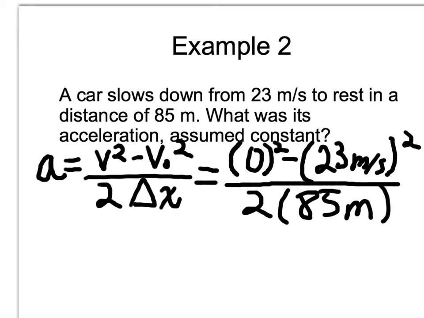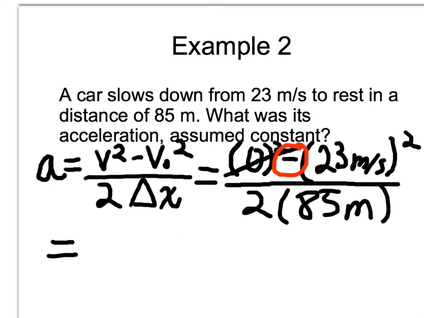Alright, now I'm going to do the math out. I can ignore the 0 squared since that's just 0. And I have 23 squared. Notice this negative here in the equation. That doesn't go away, that negative stays.